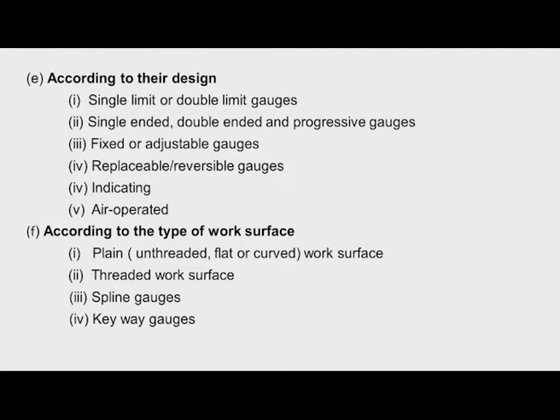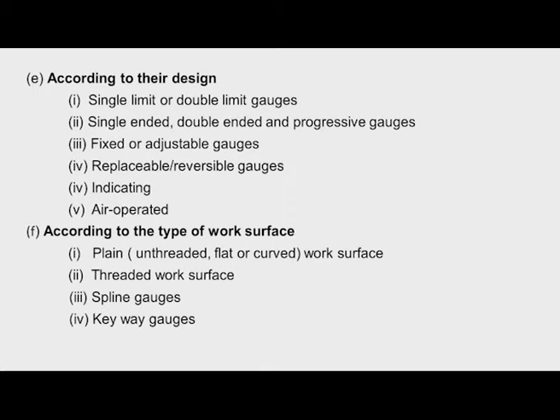Now according to their design, they are classified as single limit gauges or double limit gauges, single ended, double ended, or progressive gauges, fixed gauges or adjustable gauges, replaceable gauges or reversible gauges.